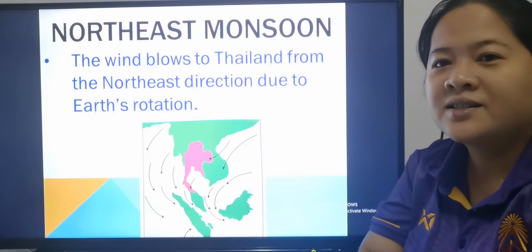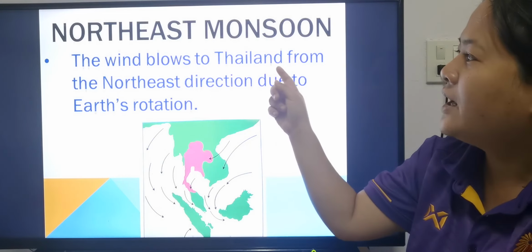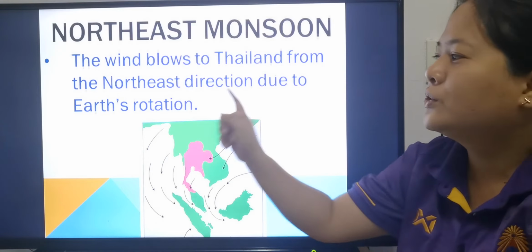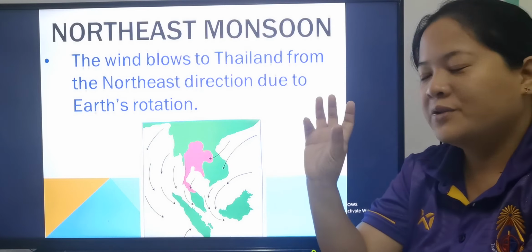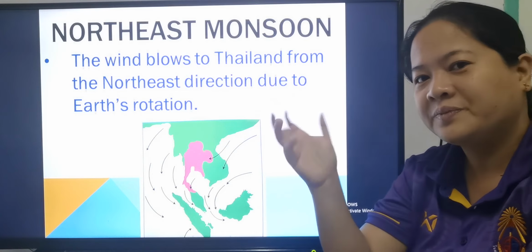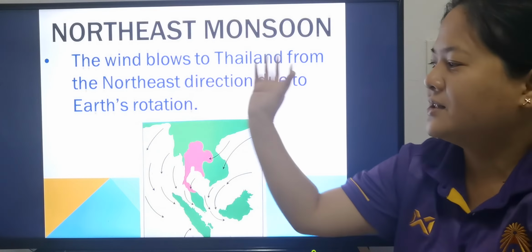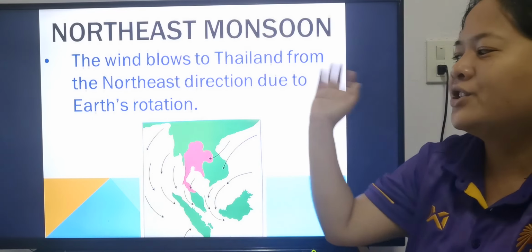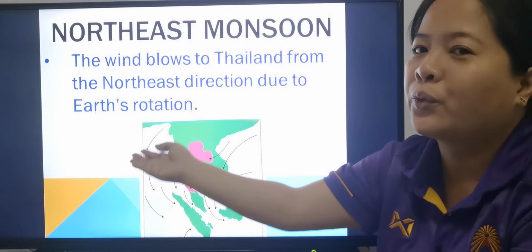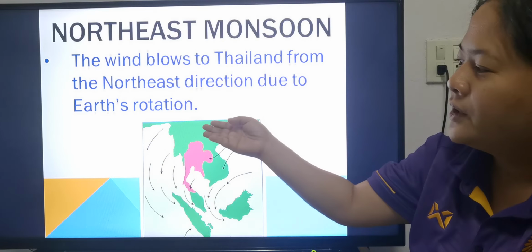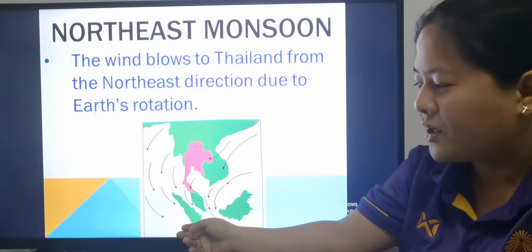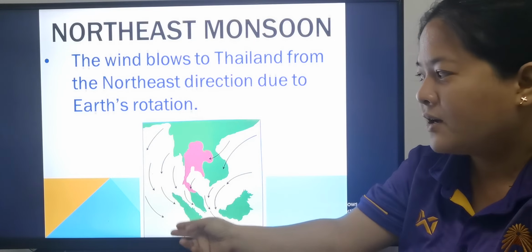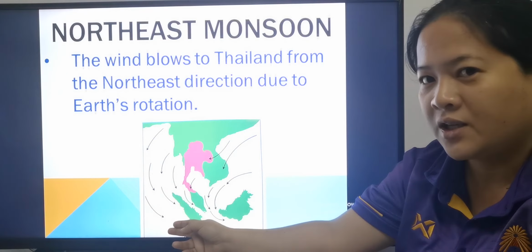It's because the wind blows to Thailand from the northeast direction due to the Earth's rotation. Remember, the Earth rotates around itself. As it rotates, it changes the wind direction. So the wind is blowing from the northern hemisphere going to the southern hemisphere, from the land to the ocean.